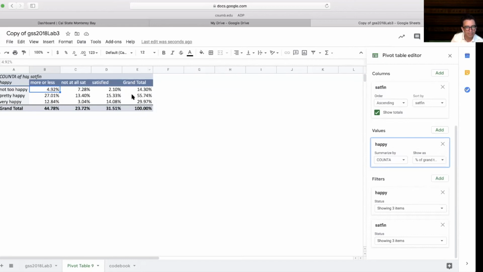Now this is a marginal. If I look inside the table, which one is the most common of all? And it's this one. The majority of respondents are both pretty happy and more or less satisfied with their financial situation, right? 27% of all respondents.